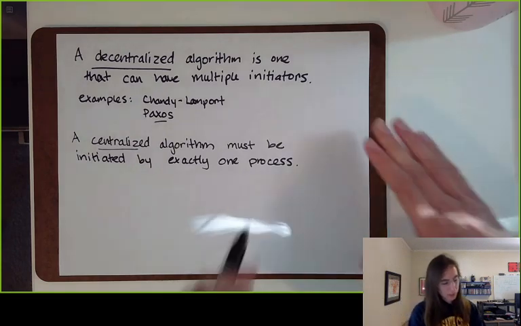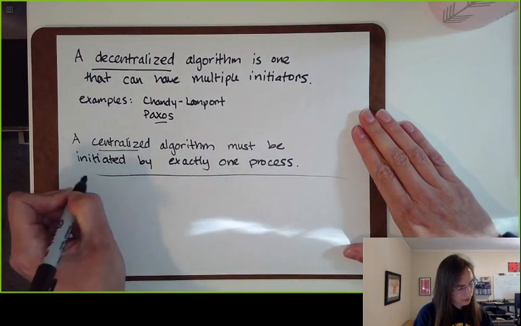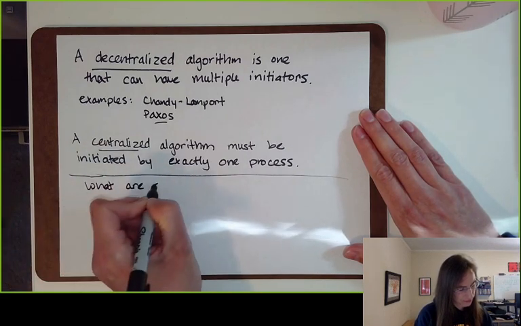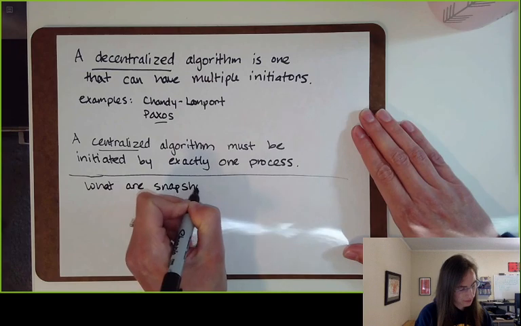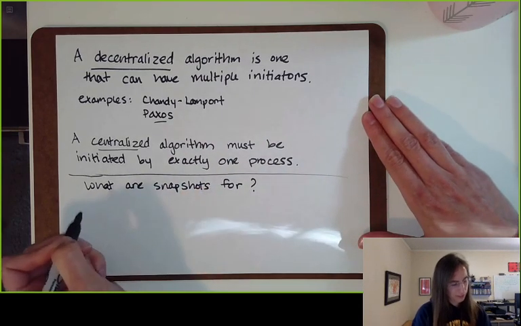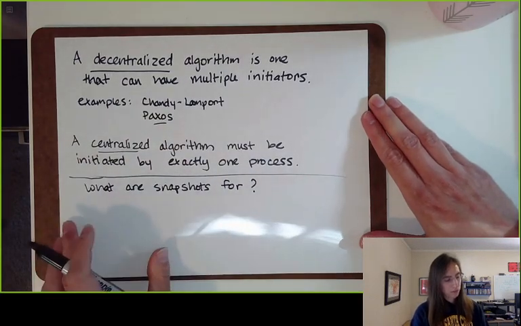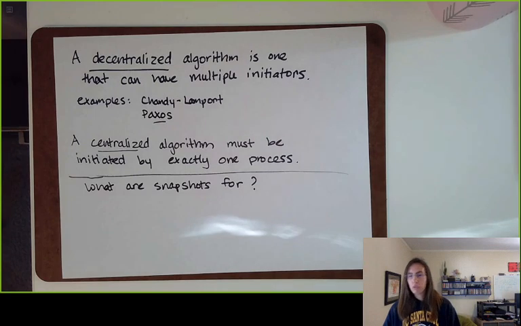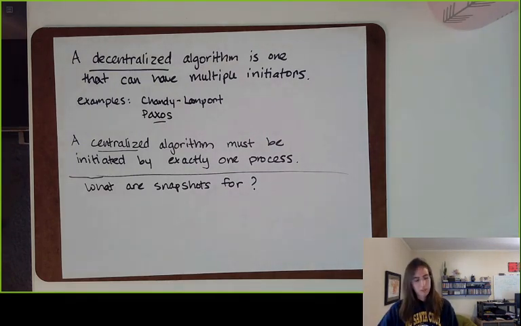But one last thing I want to say. I want to talk about what snapshots are for. Because we've gone to all this effort to talk about this algorithm for taking snapshots, and we've bothered to use a decentralized algorithm even. But what's the point? What can you do with a snapshot? So here's some ideas.